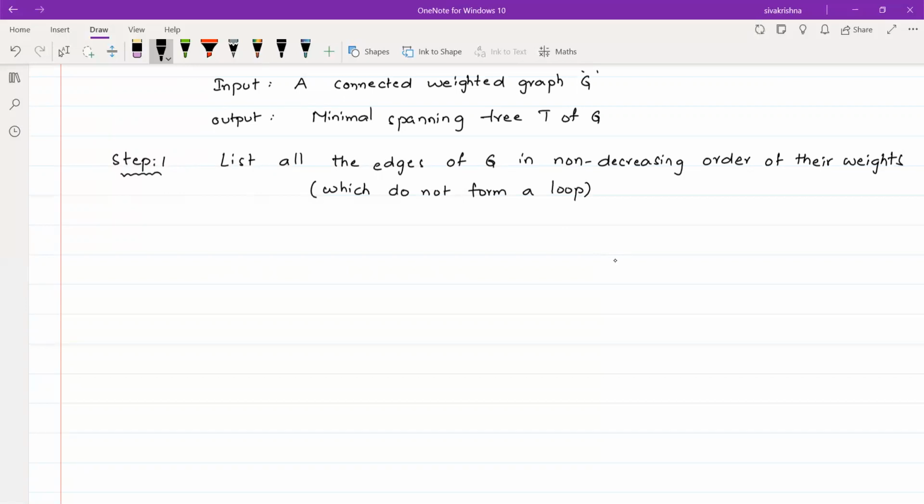In the given connected weighted graph, first of all, we have to represent the edges which have minimum weights. I mean, sorry, which are in increasing order. Non-decreasing means increasing order. Suppose we have a particular edge of weight 1, first we write that edge. After that, if we have one more edge with weight 1, then we represent that also. In this way we list all the edges in increasing order, such that representing these edges does not form a loop.